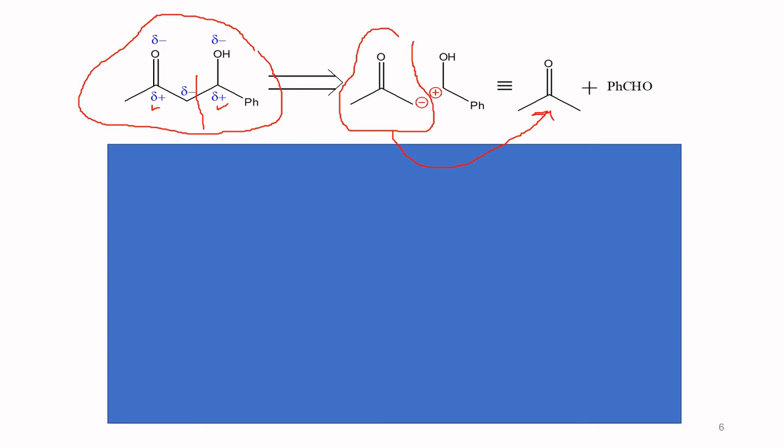And then, if you have another synthon here, it is plus, so you know that when the carbon next to OH is plus, it normally will give you an aldehyde, like this.